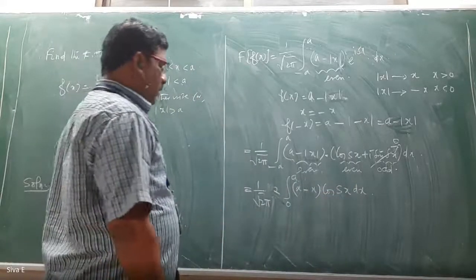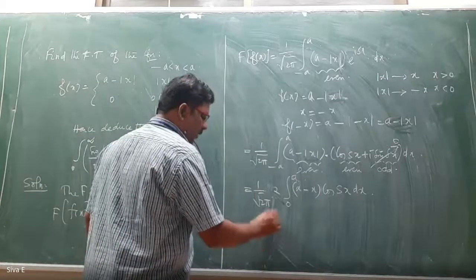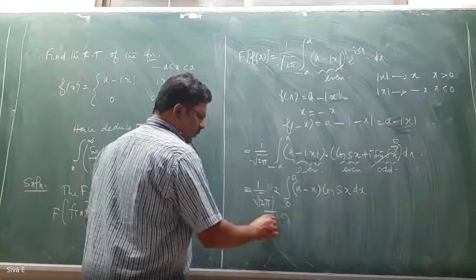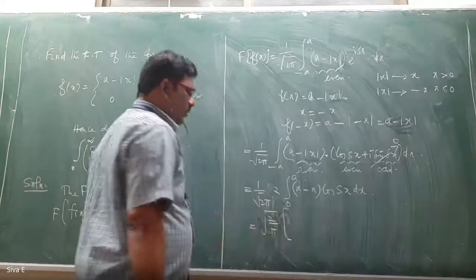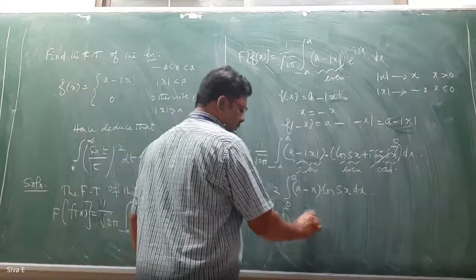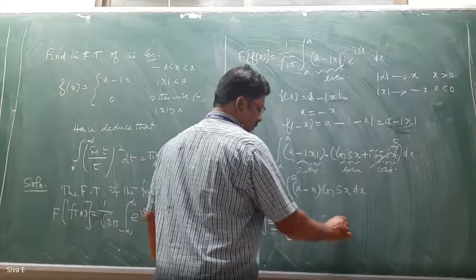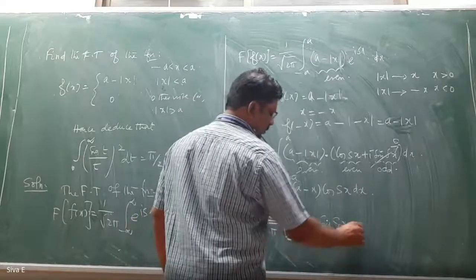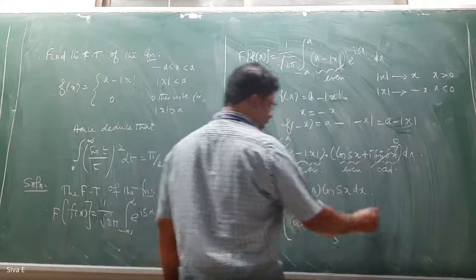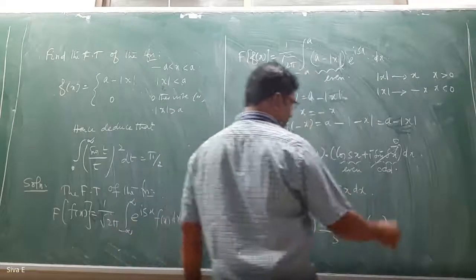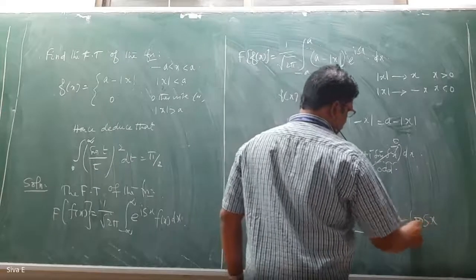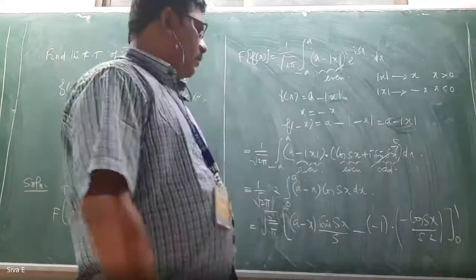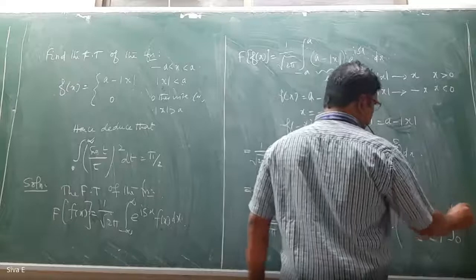Using Bernoulli's formula here, we can integrate that to root 2 by pi, (a minus x) sin sx by s minus (a minus x is minus 1, integral of sin sx is minus cos sx), from 0 to a.